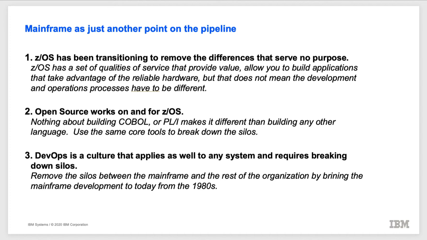So the general assumption is that mainframe is just another point in that pipeline, that z/OS has been transitioned to remove the differences that serve no purpose. So the idea is really that we can provide applications and technology to run on z/OS that can be utilized, as well as that there's an ability to access the mainframe and z/OS through third-party packages, external sources, internal sources, and so on.